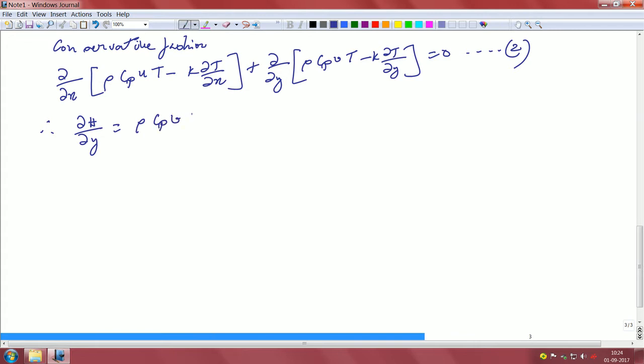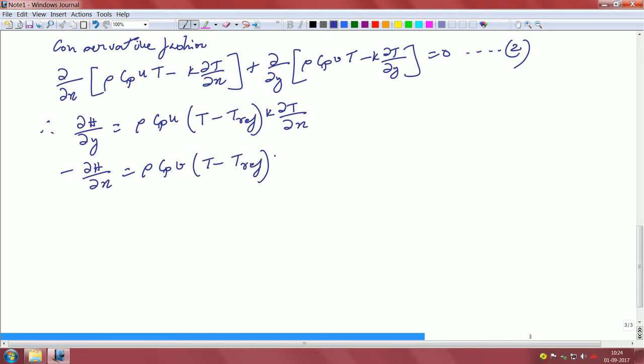This is written as rho Cp u (T minus T ref) minus k dT/dx. Similarly, minus dH/dx is written as rho Cp v (T minus T ref) minus k dT/dy.